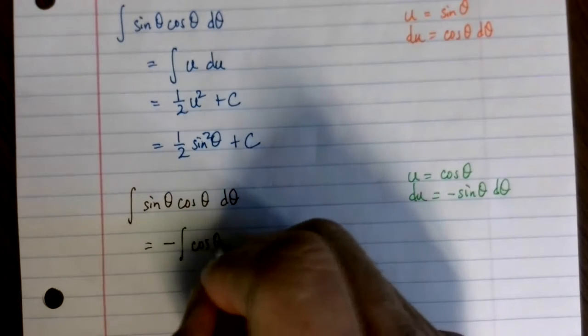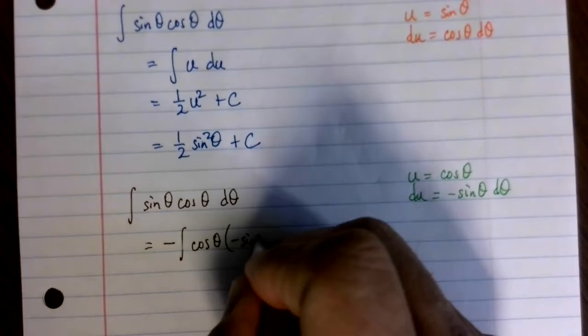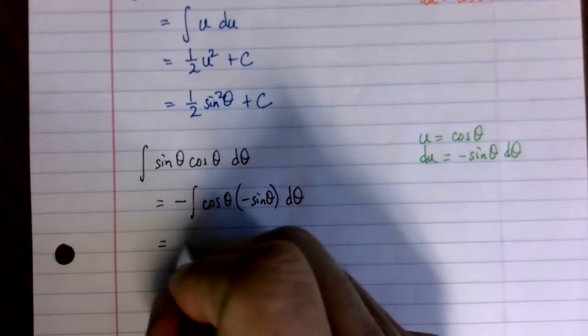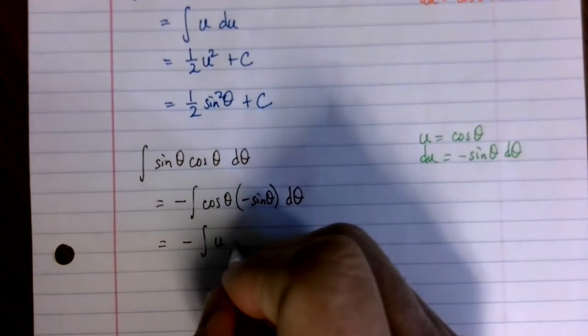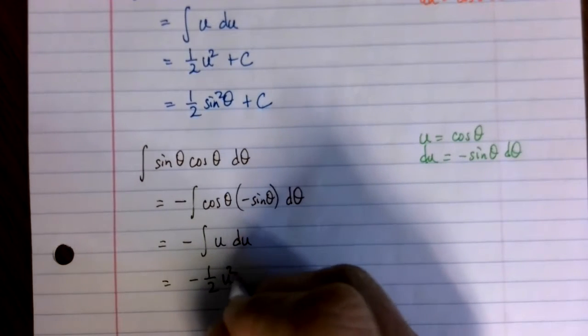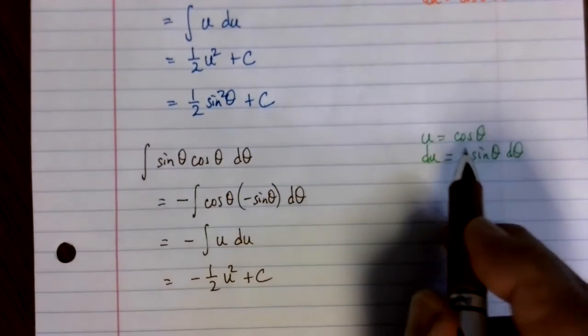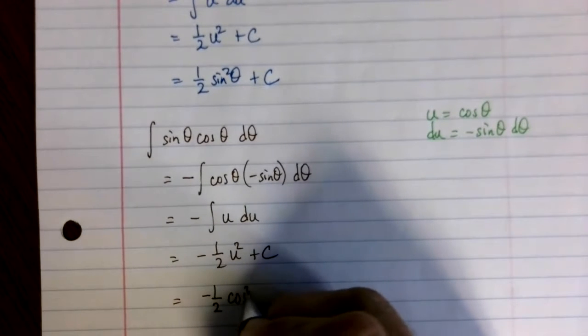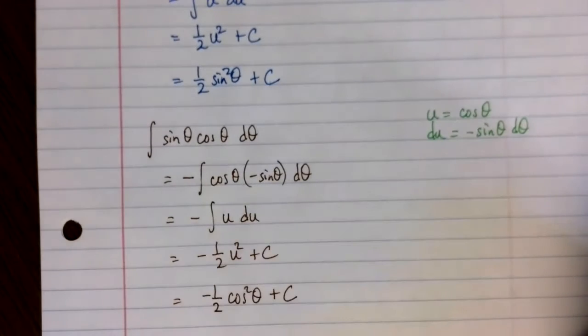I've got cosine of theta times negative sine of theta d theta. So that can be written as negative integral of u du. So that's minus 1/2 u squared plus c. Using this u, we get minus 1/2 cosine squared theta plus c.